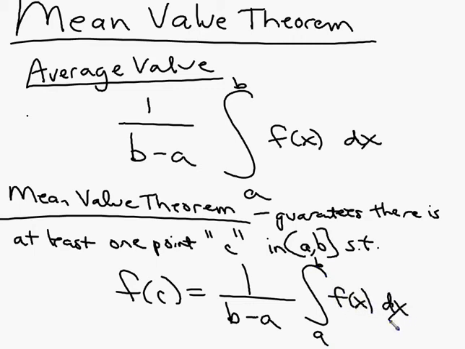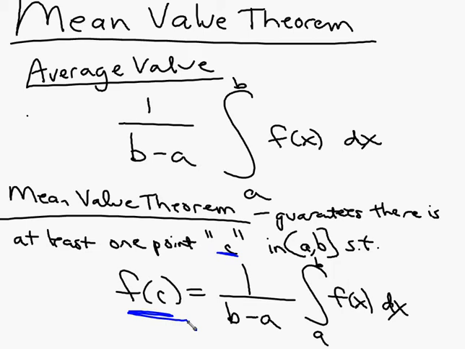So in essence, the mean value theorem is just an extension of the average value of a function. If you can remember one, you can definitely remember the other. But the key is this idea of there being a point c such that f of c is equal to the average value.